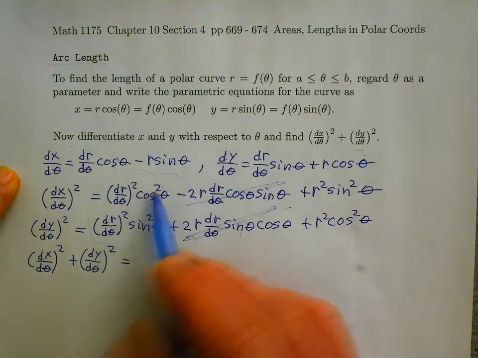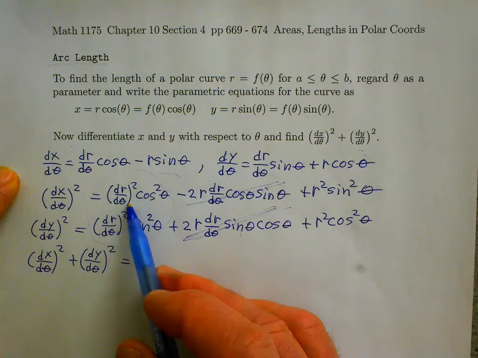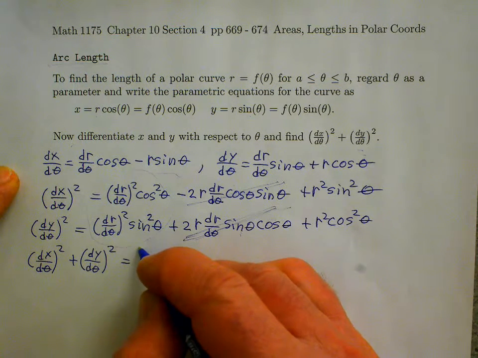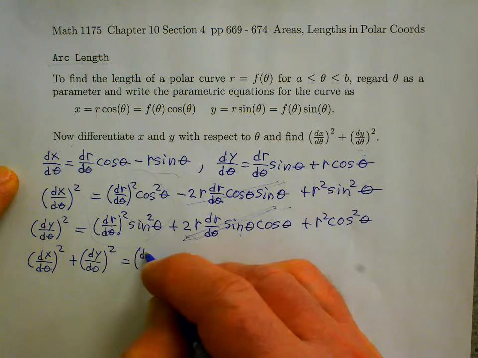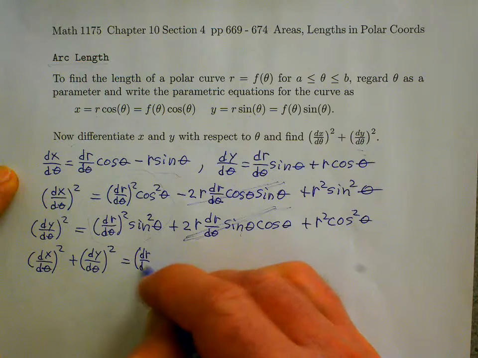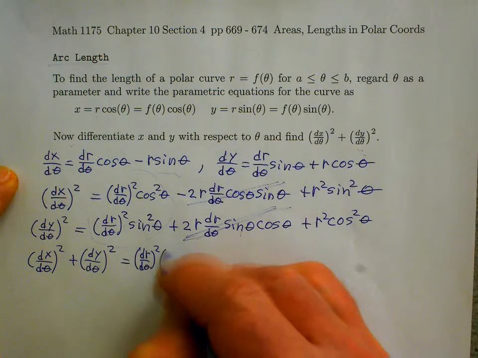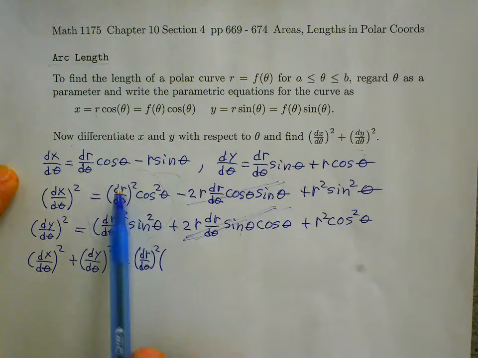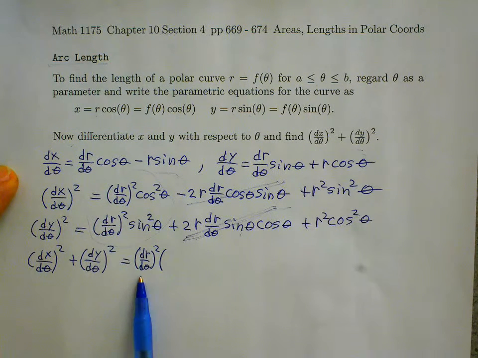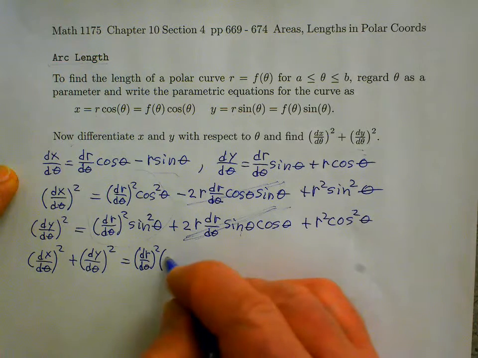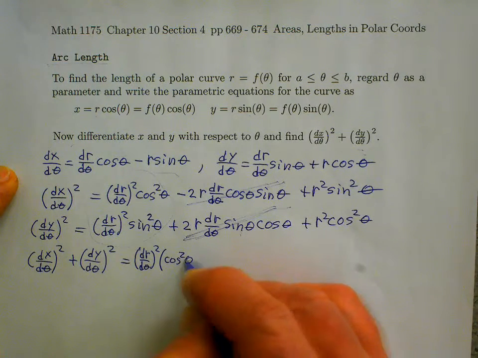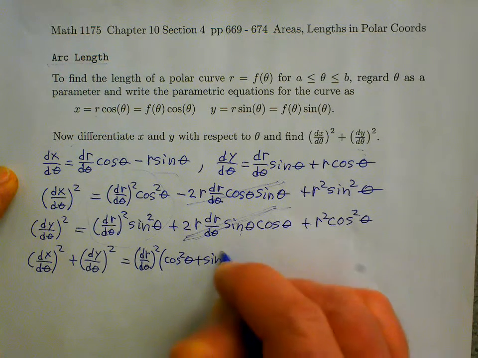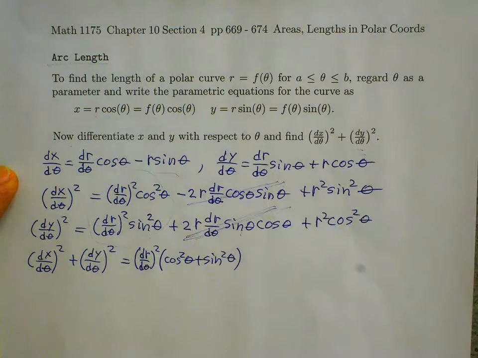I'm going to factor dr d theta squared out of the sum. I'm left with cosine of theta squared plus sine of theta squared, and we know that that's equal to 1.